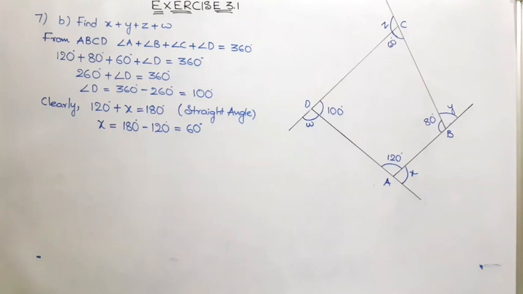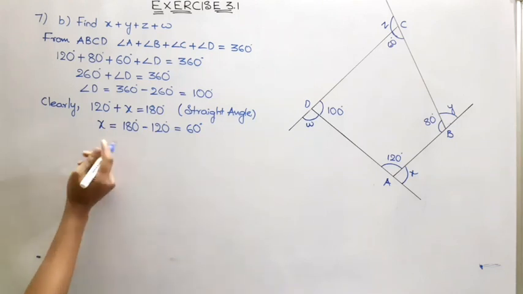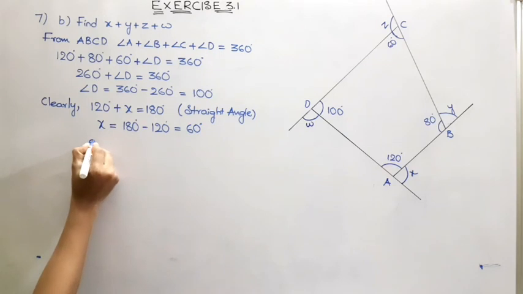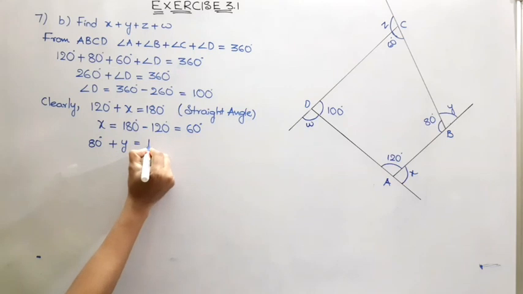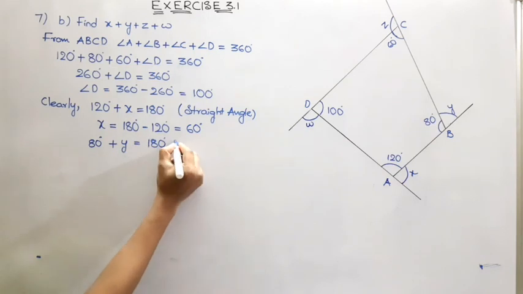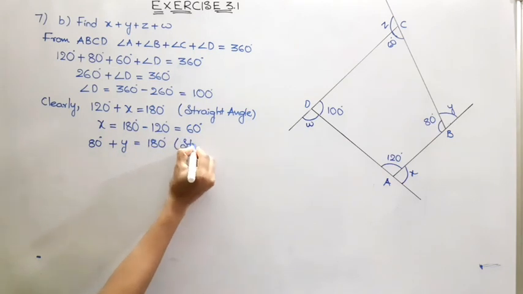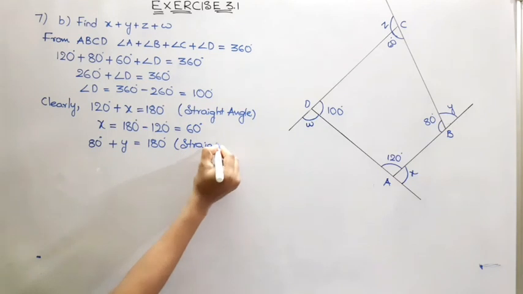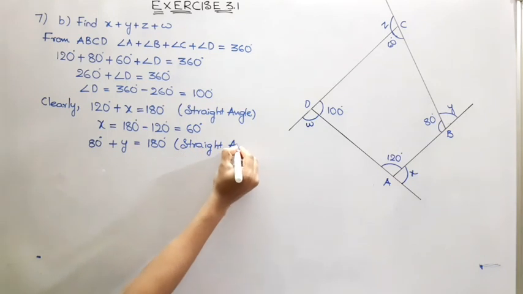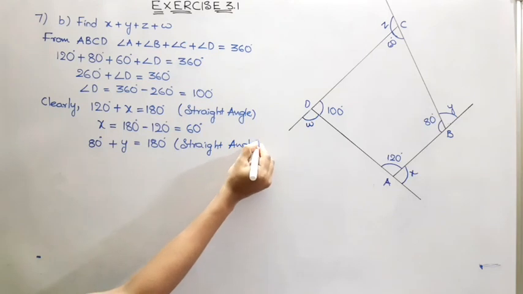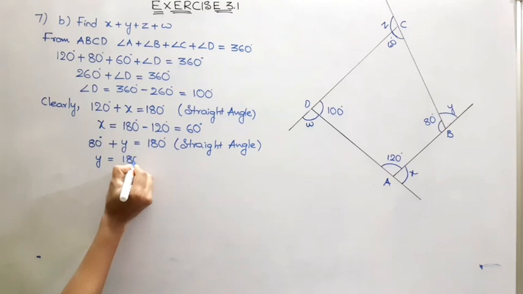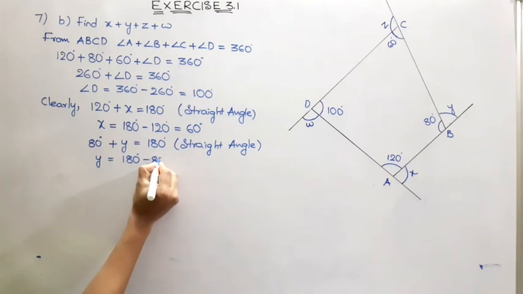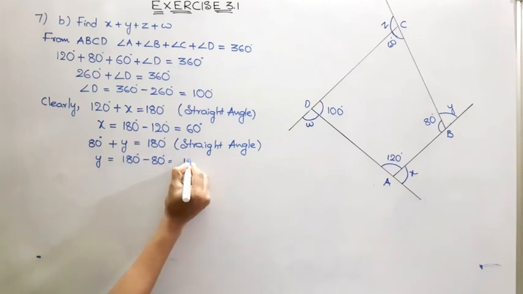Now let us find the values of y, z and w. So 80 degrees plus y is equal to 180 degrees, which is a straight angle again. So y is equal to 180 degrees minus 80 degrees, which gives us 100 degrees.